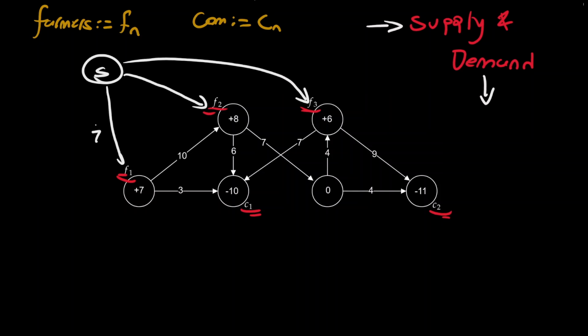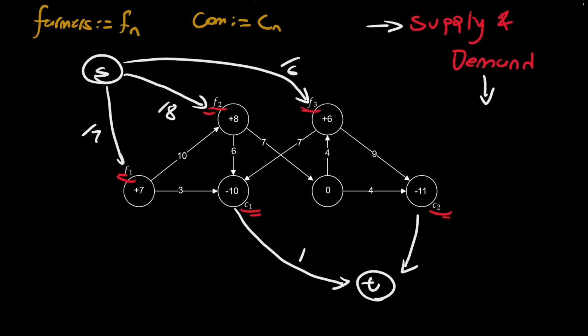So we can have a capacity of 7, a capacity of 8, and a capacity of 6 to say, this is what we can flow to these networks. And our sinks: we're putting 7, 8, 6 into the network. What are we taking out of the network? Where is it sinking to? We can have a super sink where we can take all the demands and put them into one sink. So we're going to have 10, and we're going to have 11 here.